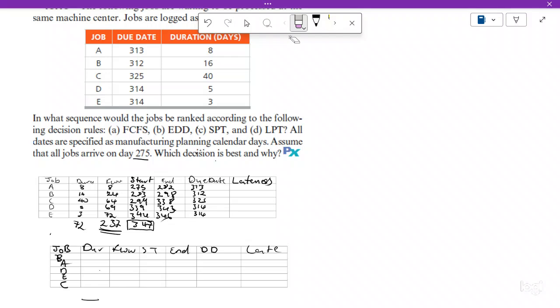This one you might not be able to figure out by yourself. That's why I have to do it.